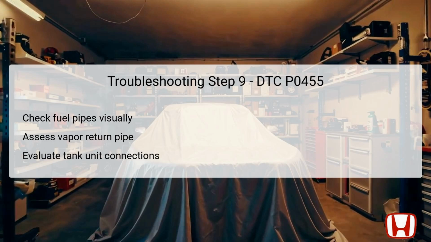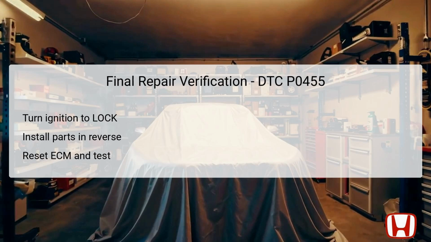Should any of the inspected components exhibit irregularities, conducting necessary repairs or replacements is critical. This thorough review forms the last step to verifying that all connections are sound and without leaks, thus concluding the diagnostic process.